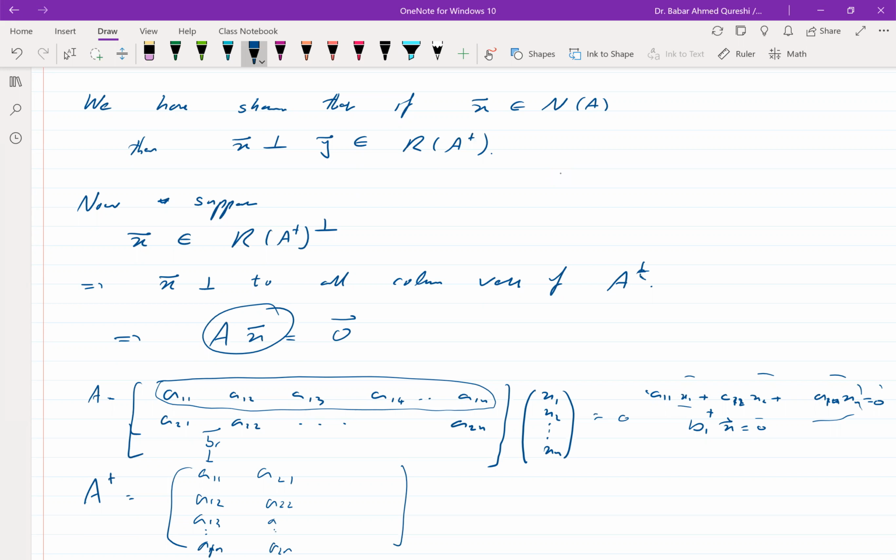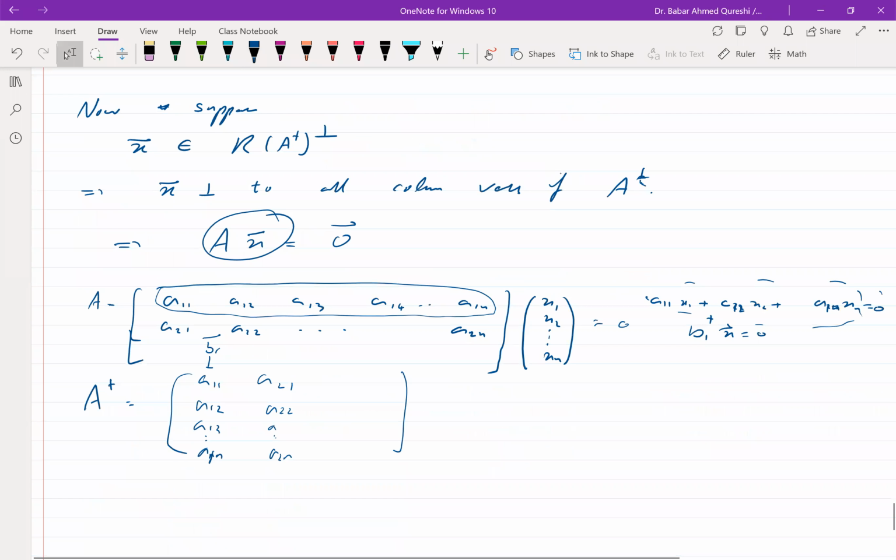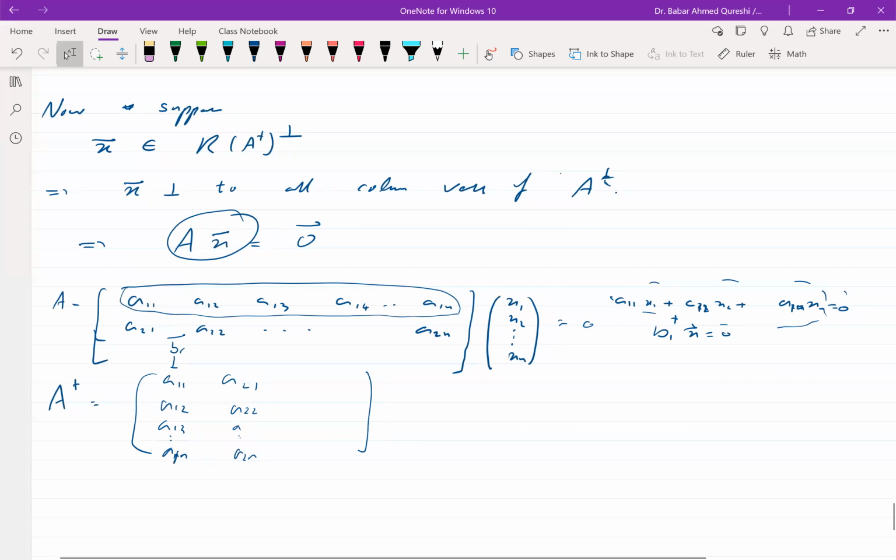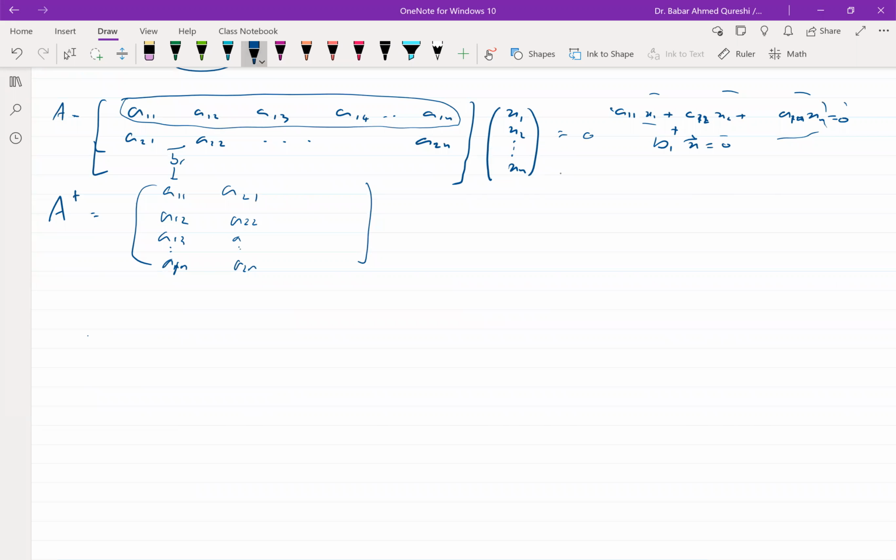That means X, so it goes the other way around as well. X does belong to the null space of A. So that means the null space of A is equal to the A transpose complement.